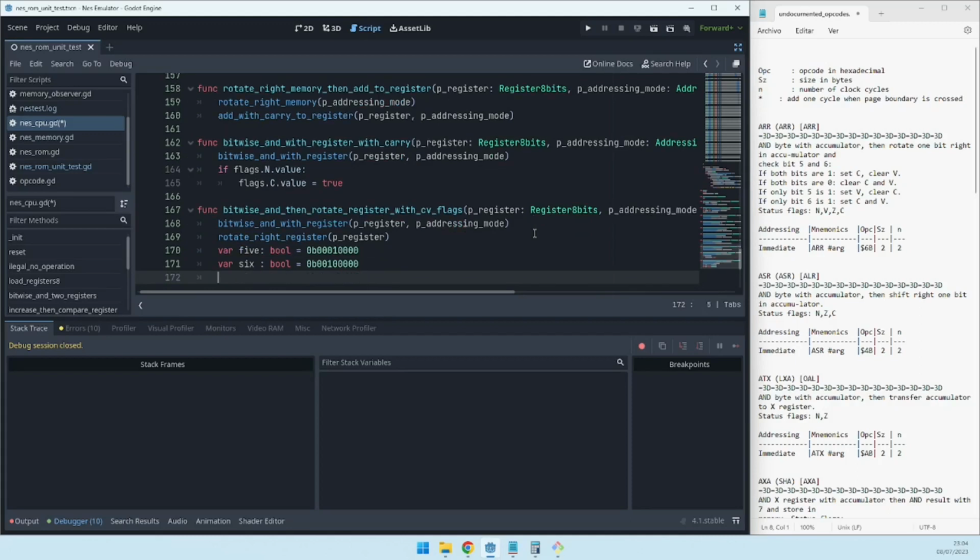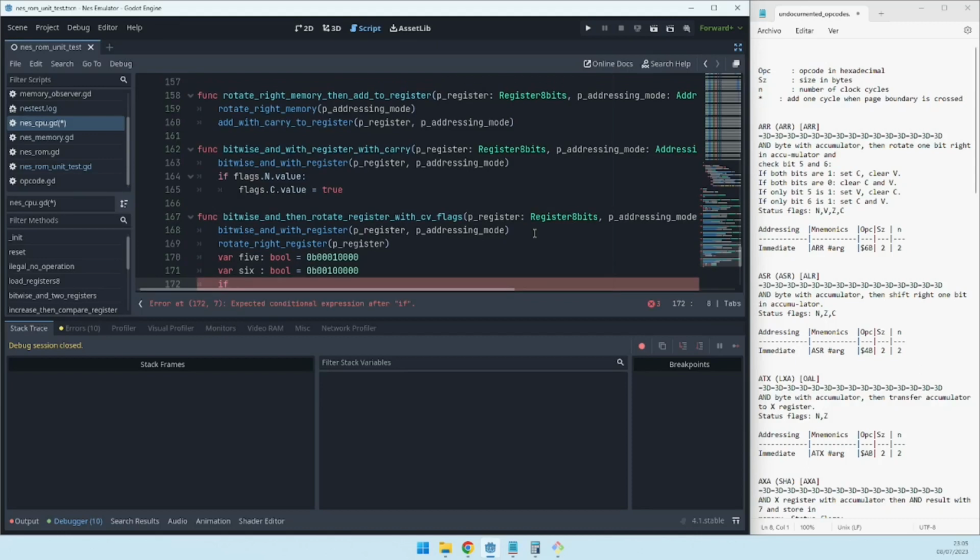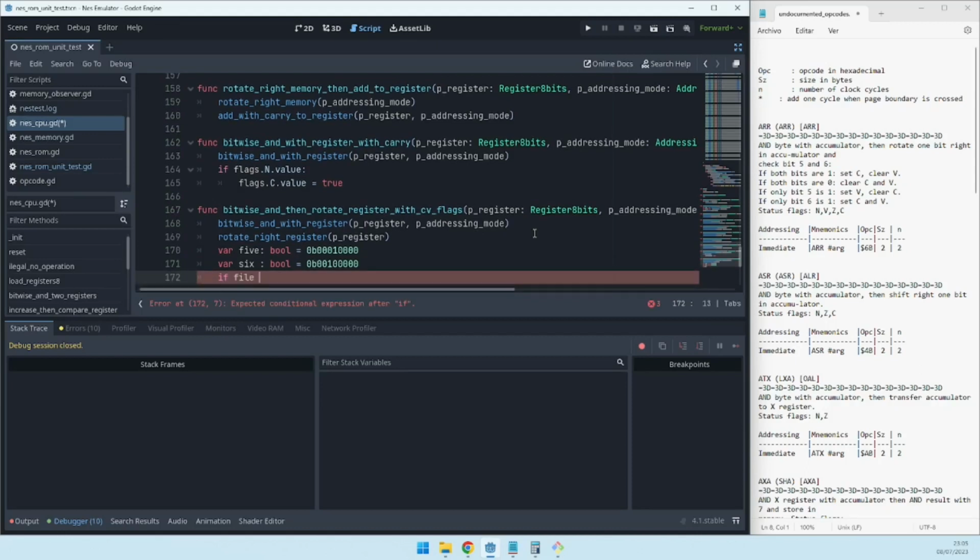I am doing it dumb, but I just want to make sure I do it correctly. E5 equals 6 equals 1.